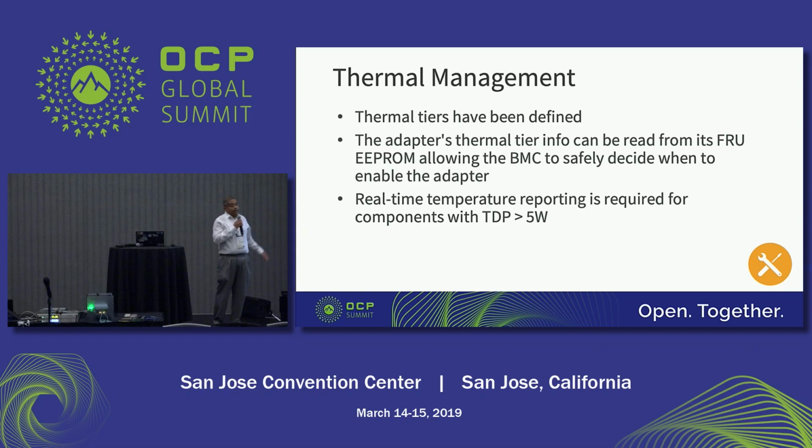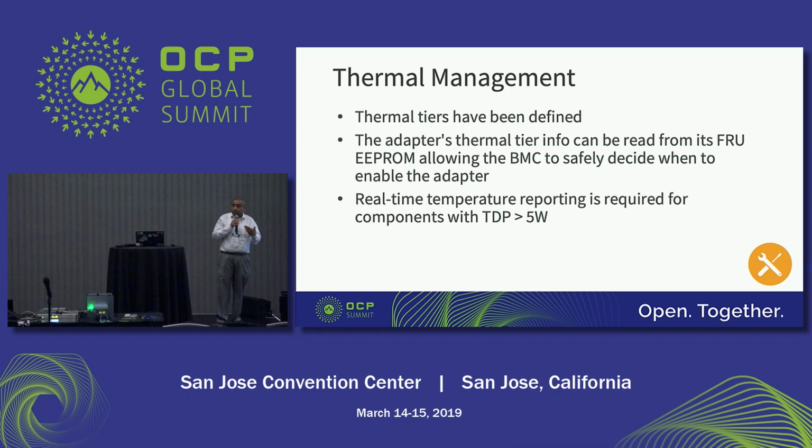There are three different areas we focused on. First is in the spec, as we saw in the morning in Long's talk, that there are thermal tiers defined. So based on the NIC implementation, one can advertise what their thermal requirements are. We also standardize on the FRU content. Through that FRU content, one can discover the thermal tier that the current device needs.